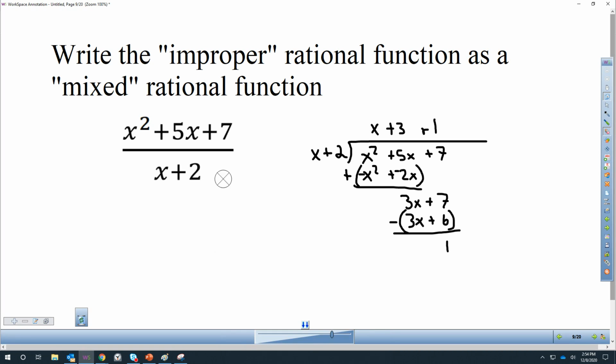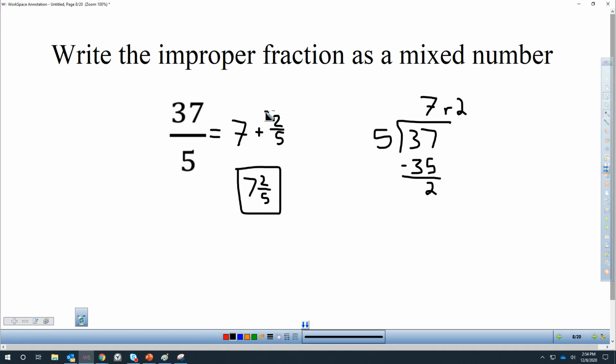Now writing this as the mixed rational function is basically the same idea as doing our mixed number here. We take our quotient and our remainder and our divisor and write them like that.